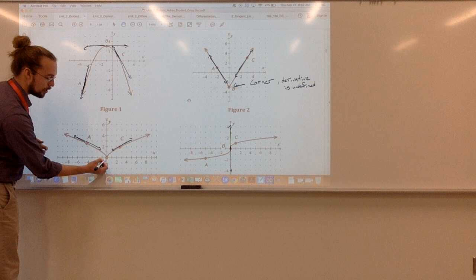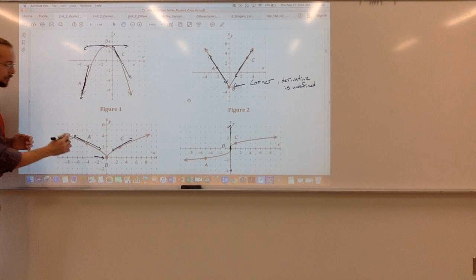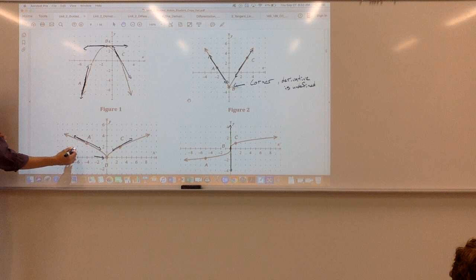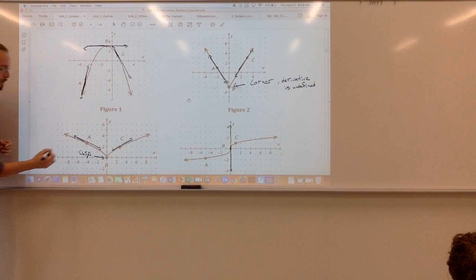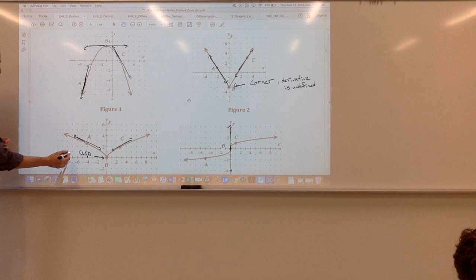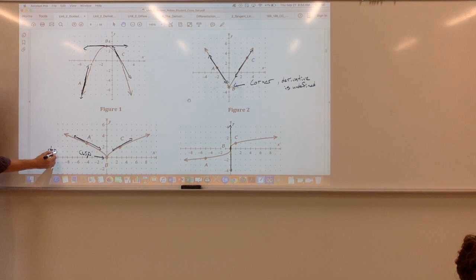It's a really similar idea to B. This thing is kind of an even sharper corner. We just call this a cusp. And it's the same idea. The derivative is not defined here at a cusp.